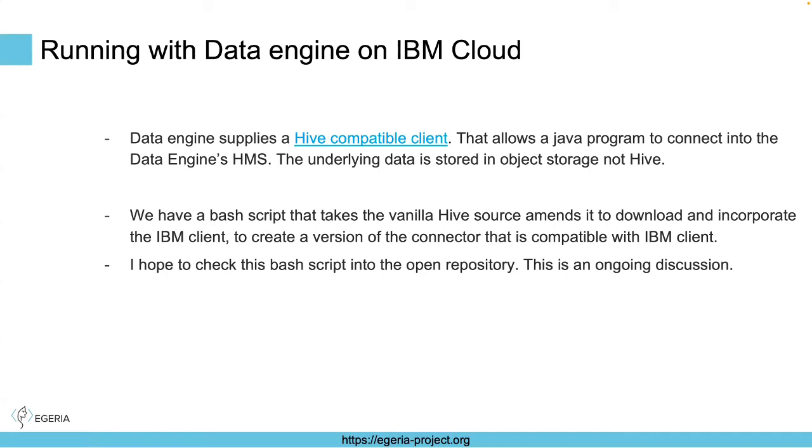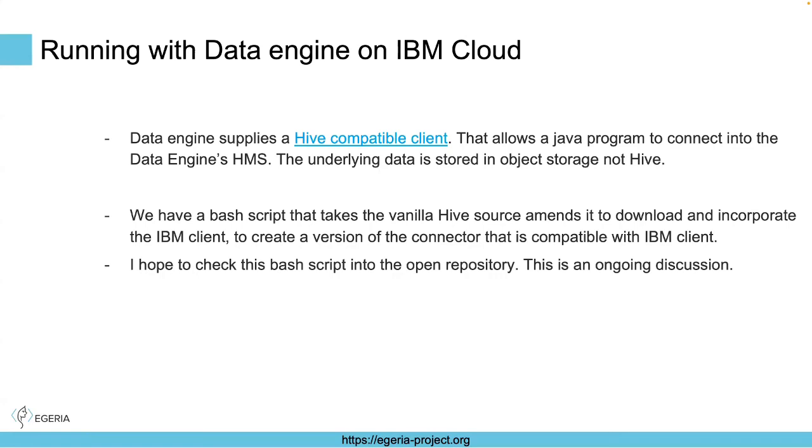So we have a bash script that instruments the build and then creates jar files with the IBM jar file, and then you can just use it as you would normally. We're hoping that bash script can go into the open repository. We haven't got confirmation that that could happen.